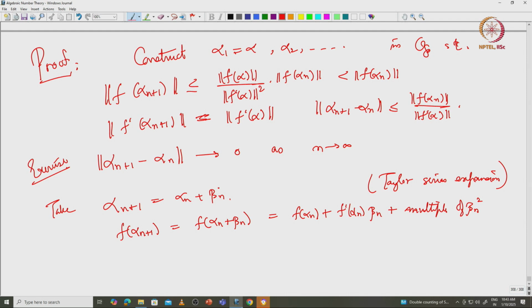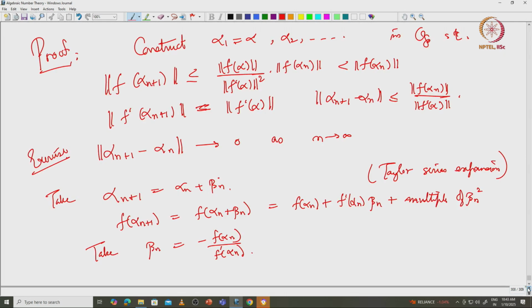So, this is kind of easy: you can take beta n to be minus f of alpha n divided by f prime of alpha n, and this would ensure that the first two terms cancel, and f of alpha n plus 1 is simply an integral multiple of beta n squared.